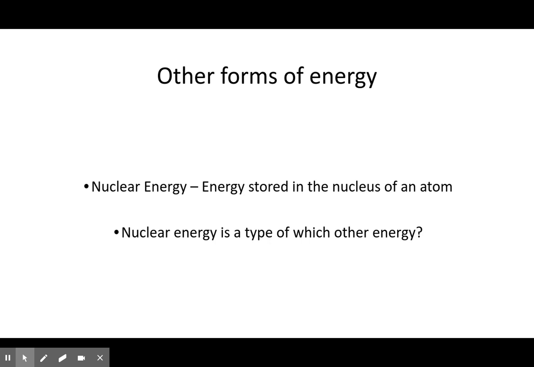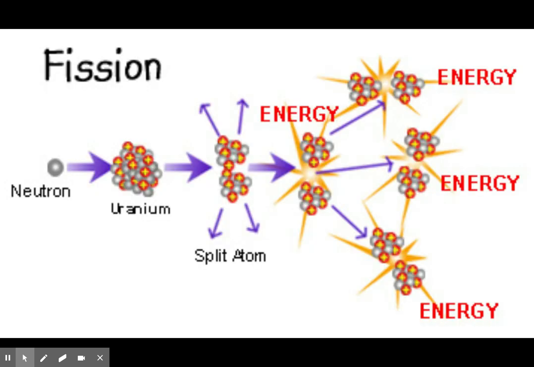So, looking at the definition for nuclear energy, it's energy stored in the nucleus of an atom. The stored is kind of a big giveaway that this is going to be a type of potential energy. So, nuclear energy is a type of potential energy.